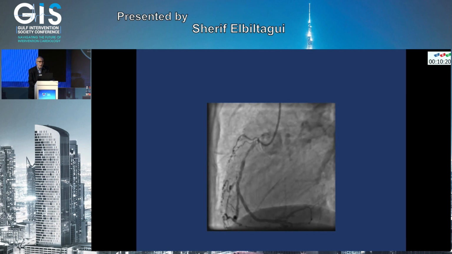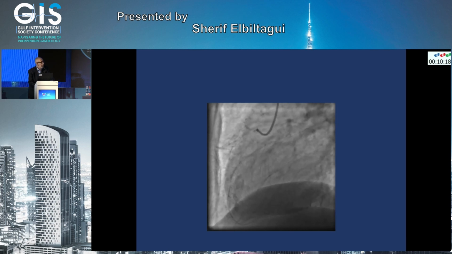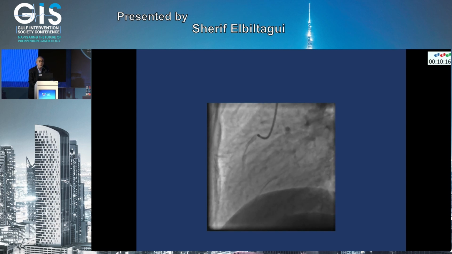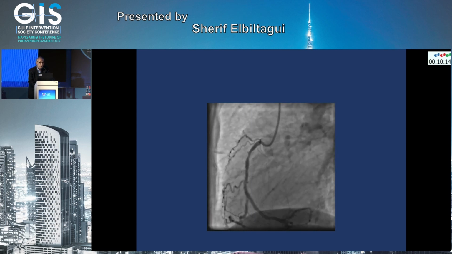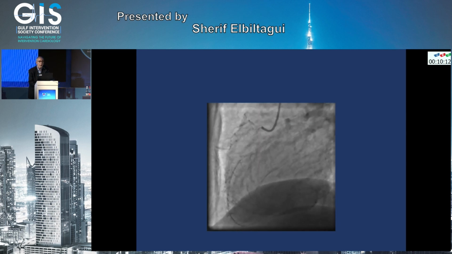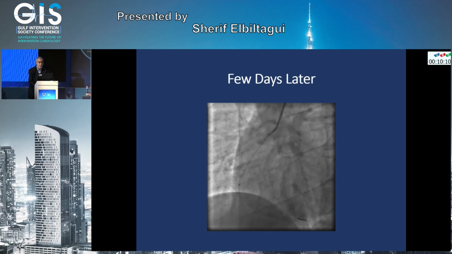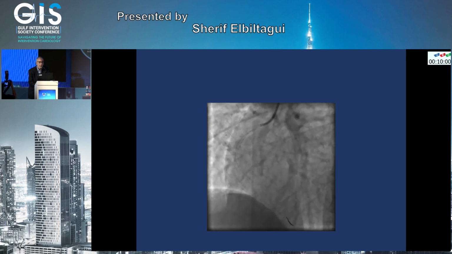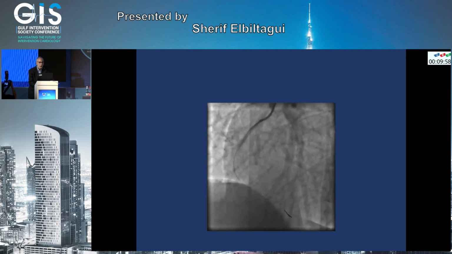I actually offered him CABG as the first choice, but the patient refused strongly, and he came back after a few days for a multi-vessel PCI. I started with the easier one, the RCA, which was fixed easily, and then optimization.